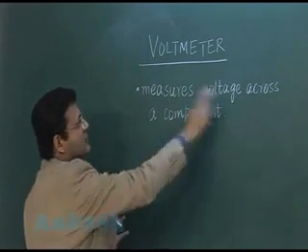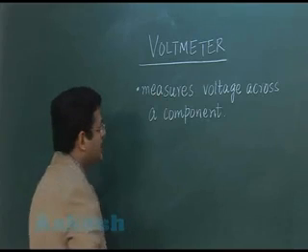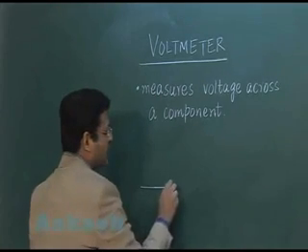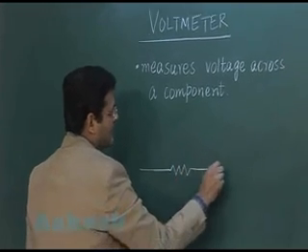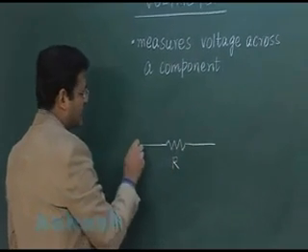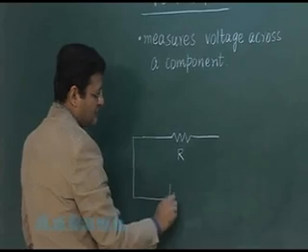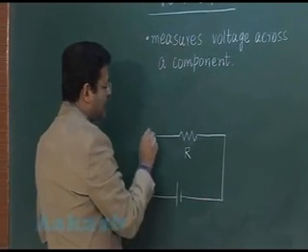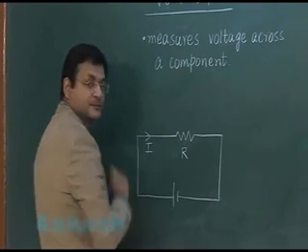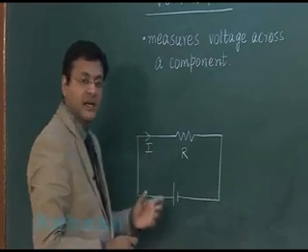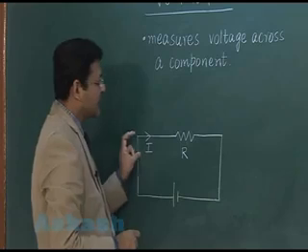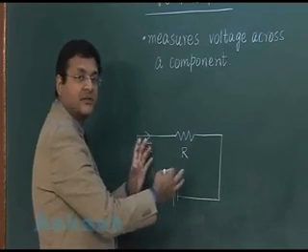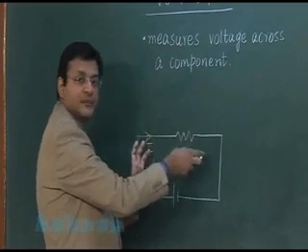Now once you are using the word across, that means the voltmeter should be connected across, meaning in parallel. Consider a situation that you have a resistor connected to some EMF source and the current flowing through this is I. Imagine that there is a resistor in which current I flows and you are interested in finding out the potential drop across this resistor.